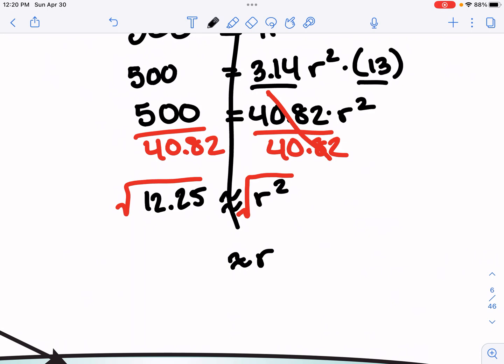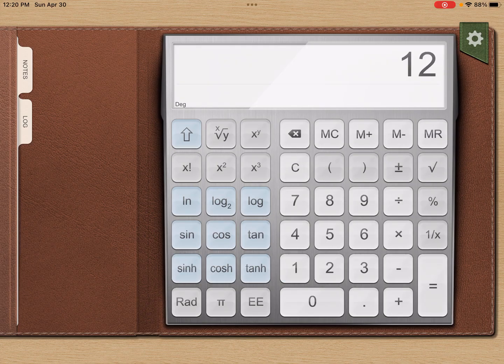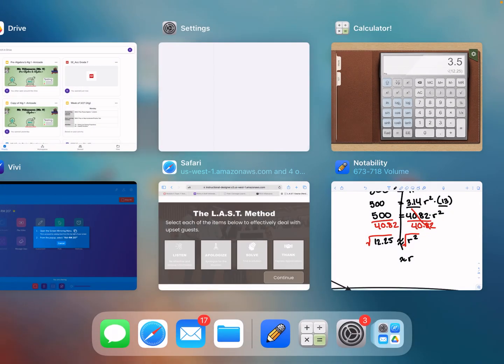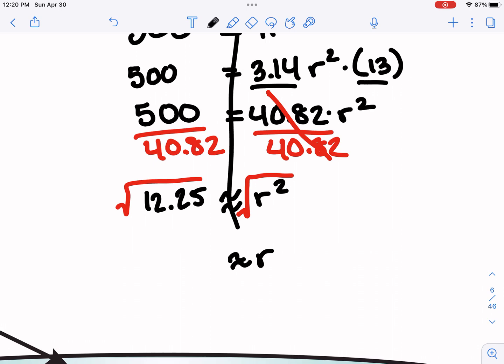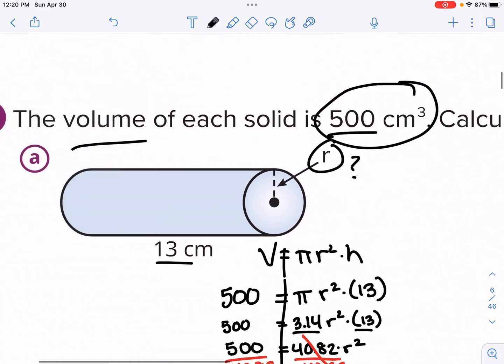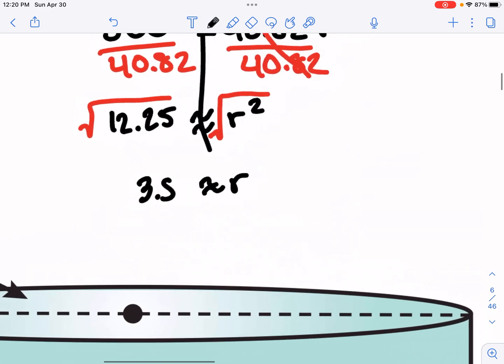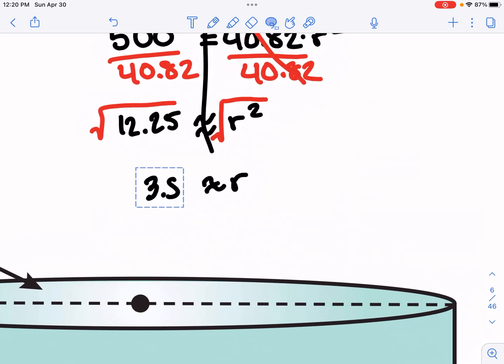And the square root of 12.25 is 3.5. Okay, and our answer is in terms of centimeters here, not cubic centimeters, because we're not finding the volume. But let's put that our answer, 3.5 centimeters, is the radius.